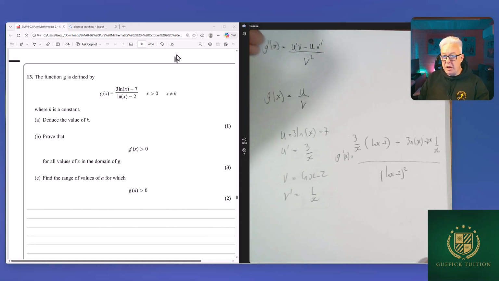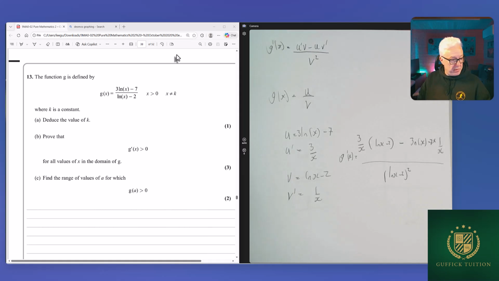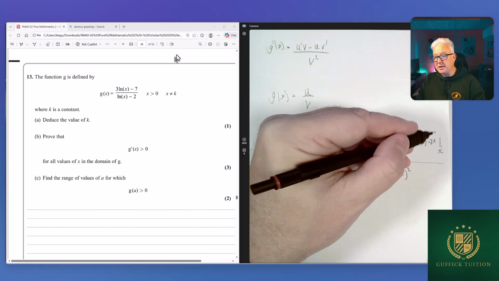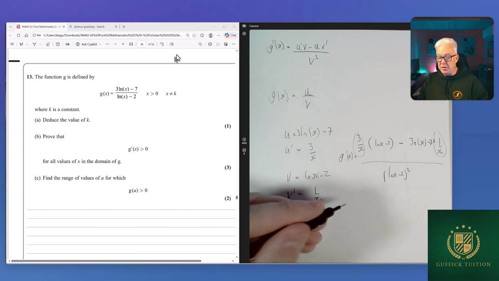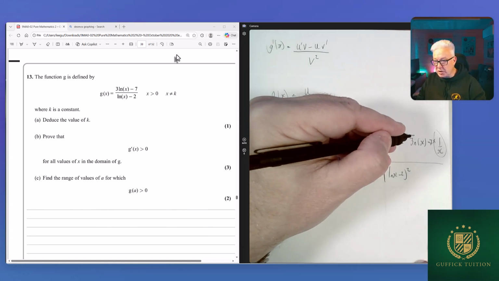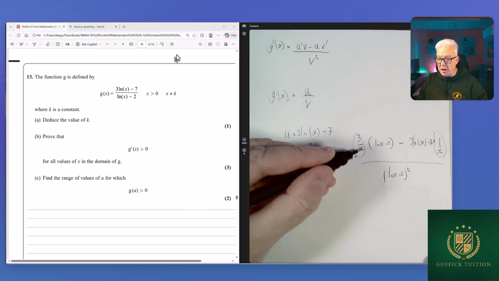Now, viewers of the channel might remember me saying that whenever we have this kind of scenario where we have a fraction within a fraction, the simplest way to deal with it is to multiply the numerator and the denominator by whatever it is that's causing the fraction within the fraction. In this case, that is being caused by the over x.